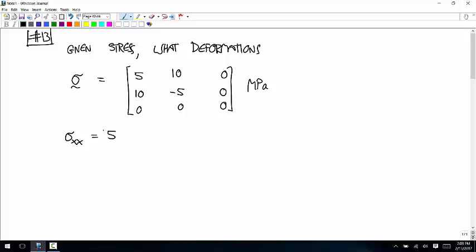You know, the key is that it's positive, not that it's 5. So along the x-axis, that puts it into tension, right? It's stretching along the x-axis. Is it going to do anything else? Yes.